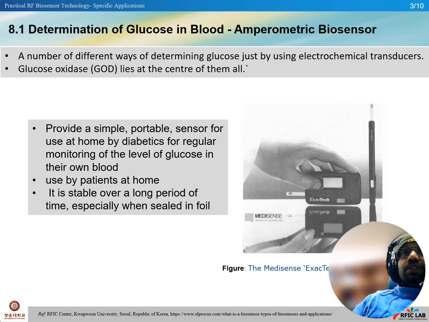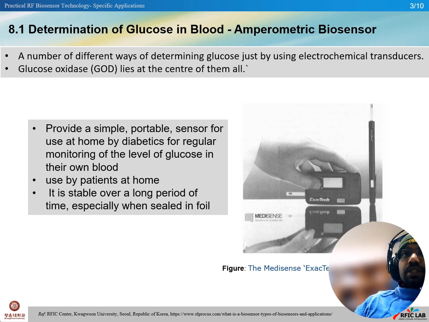Now, determination of glucose in blood using an amperometric biosensor. There are a number of different ways of determining glucose using an electrochemical transducer. Glucose oxidase lies at the center of all of them, but here we will talk about the amperometric biosensor.